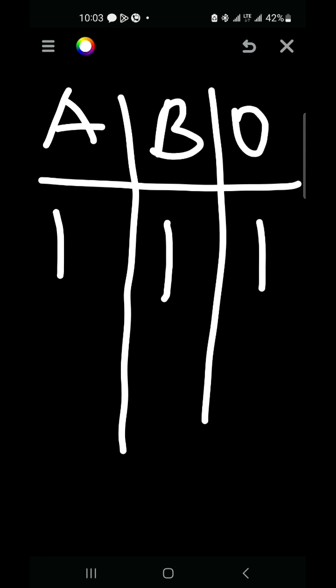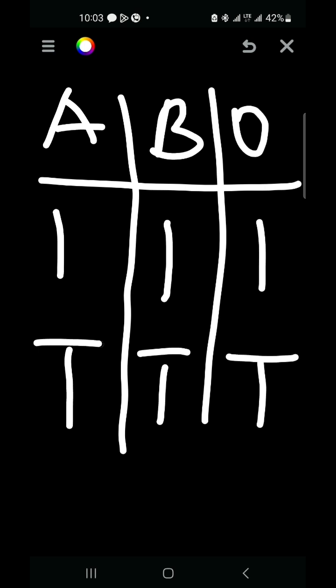And the question is saying that if both inputs are true, what is the output? So if both inputs are true, the output is also true.